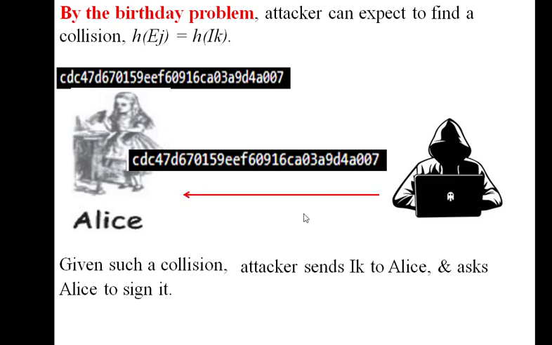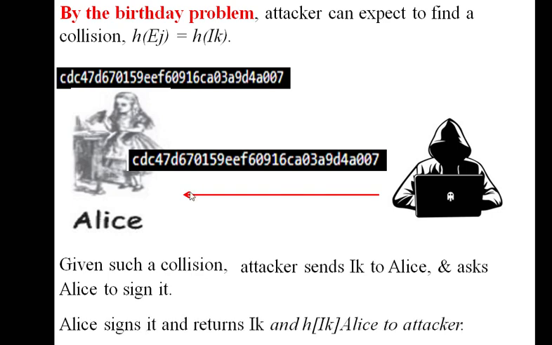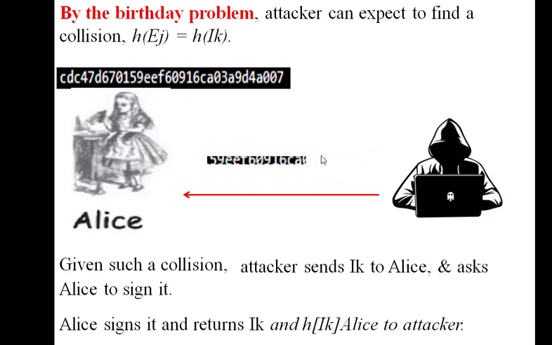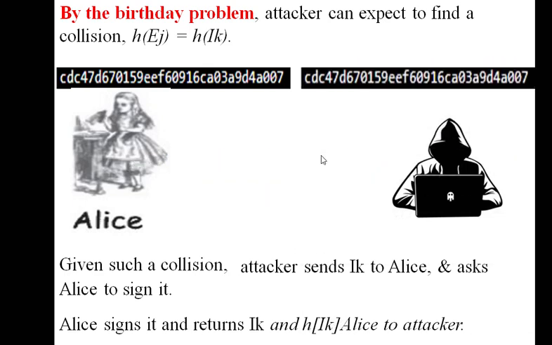Then Alice signs it and returns i_k and its signature to the attacker. Alice doesn't know who the attacker is, but she is confident about her hash value. Alice's value is A007, and the attacker's document also has the value A007. Both are the same, so a collision occurs.